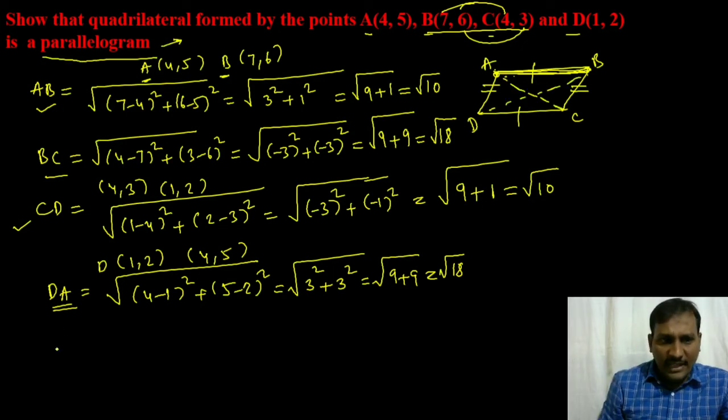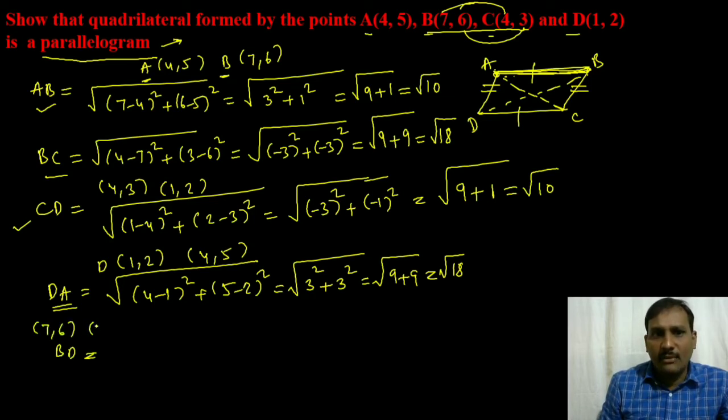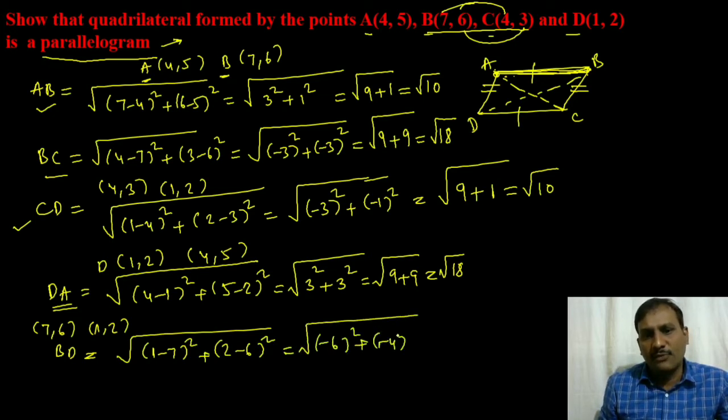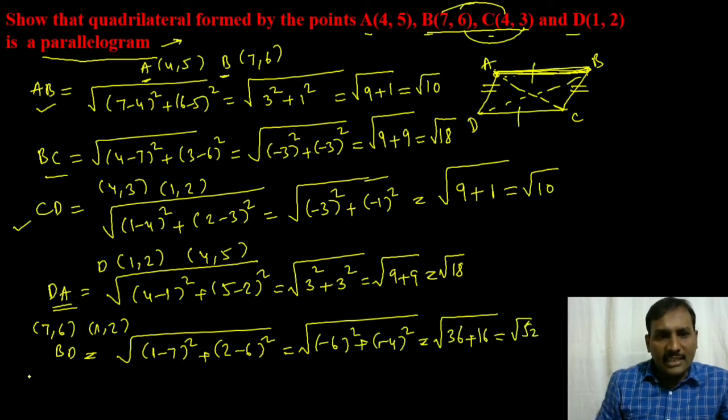Let us find the distance between B and D, that is the length of BD. B is (7, 6) and D is (1, 2). So (1 minus 7) whole square plus (2 minus 6) whole square, that is minus 6 whole square plus minus 4 whole square, that is 36 plus 16, root 52. And next is AC.